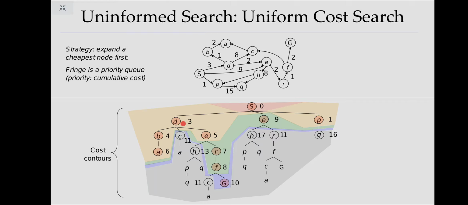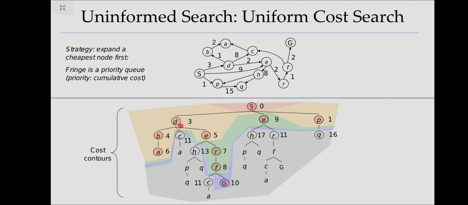In this formula, the label of any node is the sum of the cost associated with the action or link between the predecessor node and the current node, plus the label of the predecessor.